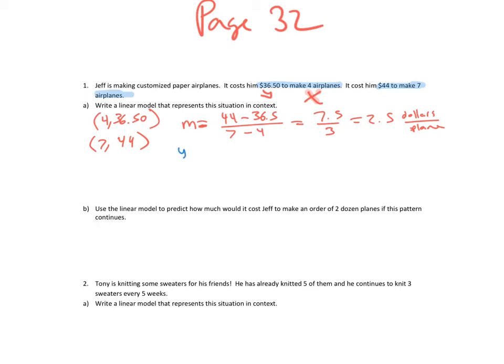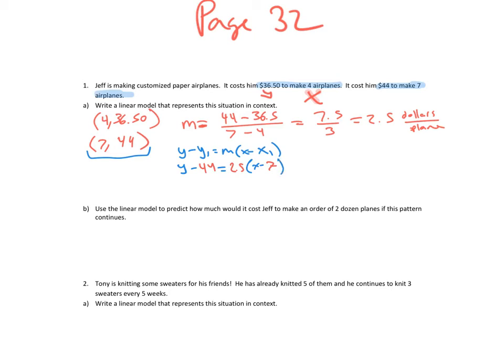I'm going to think about y minus y1 equals m times x minus x1, and I'll pick the point that doesn't have any decimals in it. y minus 44 equals 2.5 times x minus 7.